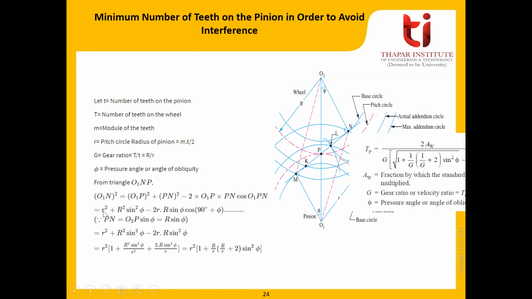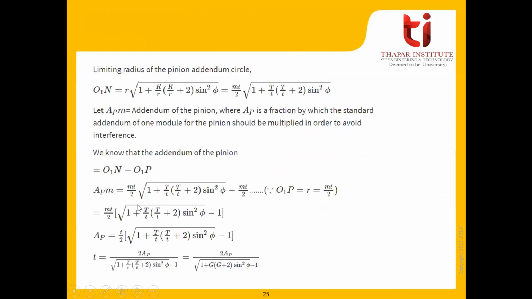So mathematically you can write r square plus capital R square sine square phi minus 2 r capital R sine phi cos of 90 plus phi, since this angle is 90 plus phi. By simplifying this equation, we get one formula.